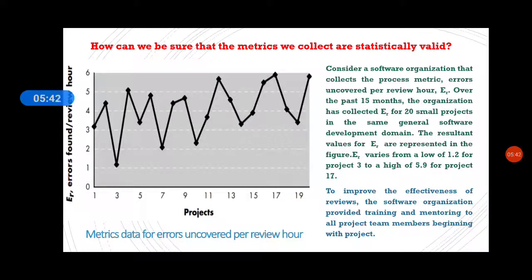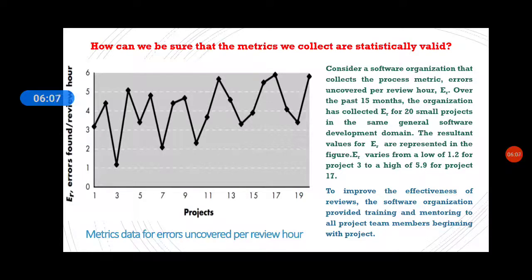The metric data for errors uncovered per review are shown. On the x-axis of the diagram, the values represent projects, and on the y-axis the values represent errors found per review hour. It is represented as ER.